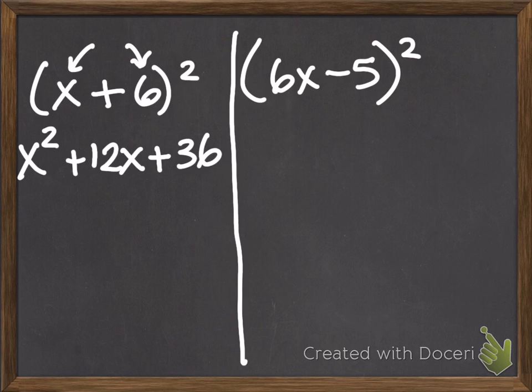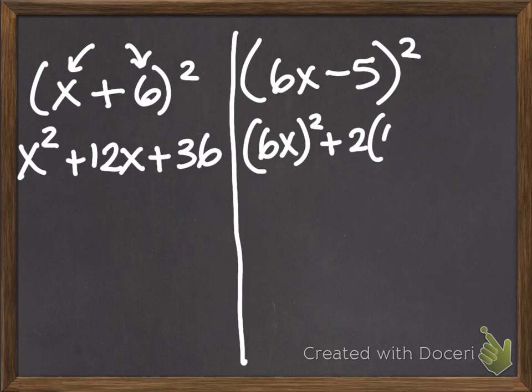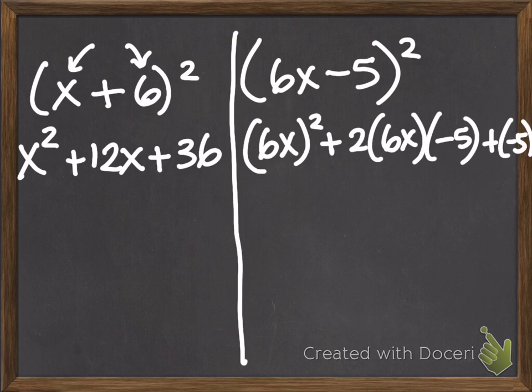How about when there's one with maybe subtraction and numbers in front of both the x's, and then there's also a constant? For this piece, I'm going to write this step out for you. It's going to be the first piece squared plus 2 times the first piece times the second piece plus the second piece squared.